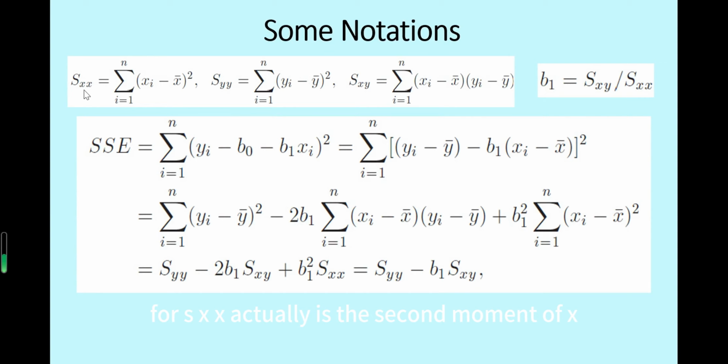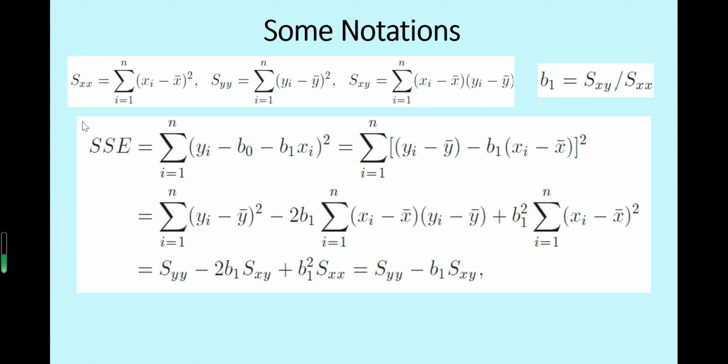Sxx is the second moment of x with respect to its mean value, and Syy is the corresponding one for y, and Sxy is the cross product of x against x bar, the x mean value, and y against y mean value. With this notation, the point estimate b1 is Sxy divided by Sxx.